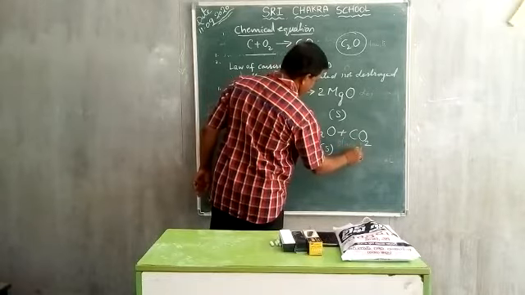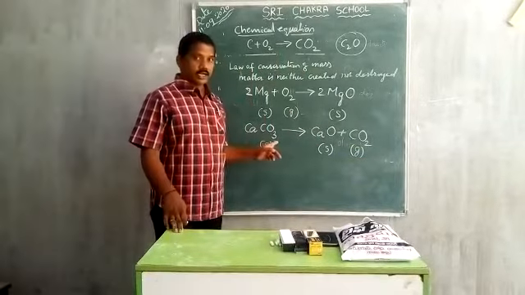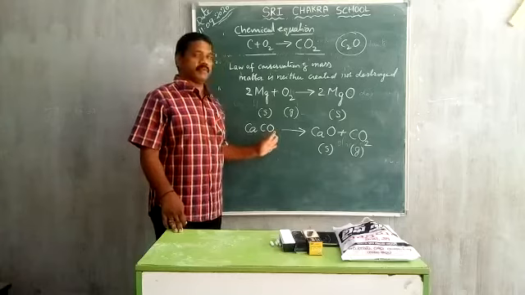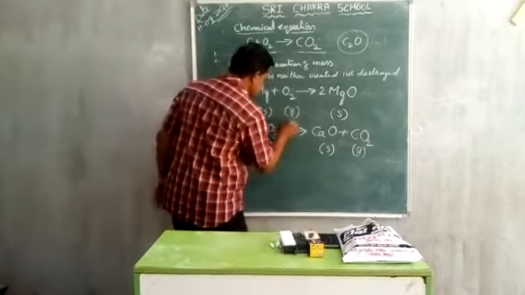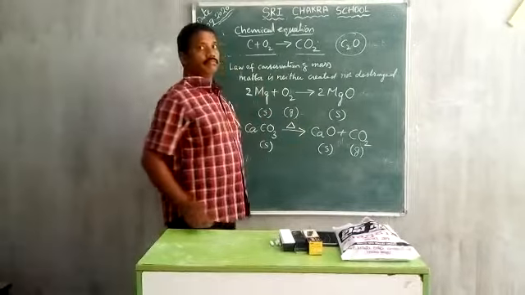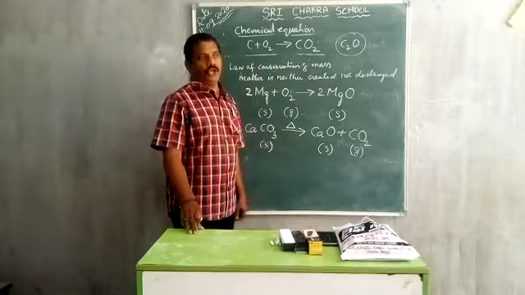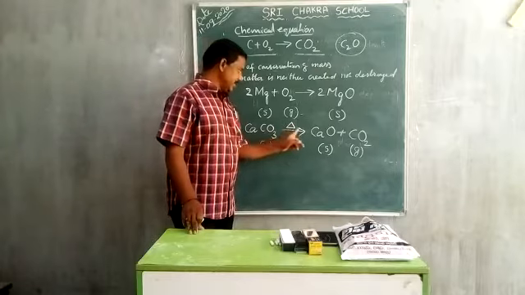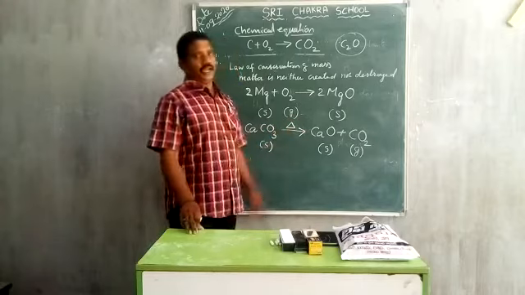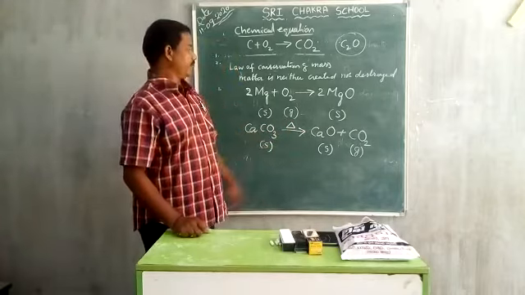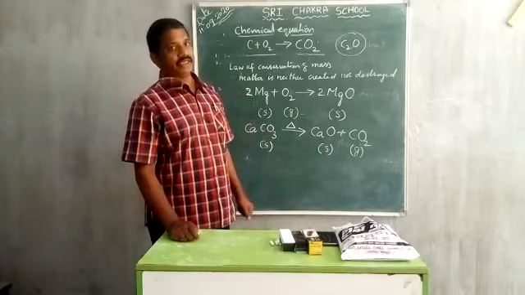Carbon dioxide, you know, it is in gaseous state. Next, here one more information we have to represent, that is calcium carbonate is heated. So delta is used to represent heating. If you see this delta mark, it tells that this reactant is heated. On heating, it is decomposed into calcium oxide and carbon dioxide.